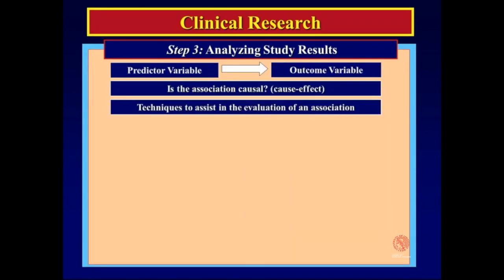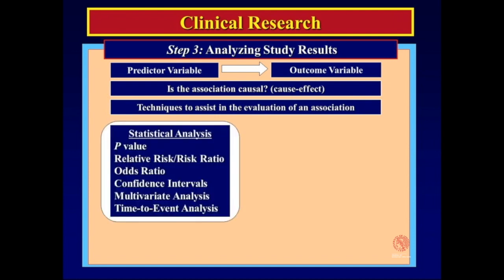Then in this predictor variable, outcome variable, we are questioning if the association is cause-effect. And then what are the techniques during this assessment period of your data? You are reviewing your study results, you are looking at your data. Of course, it's not just the p-value, there's a lot of other statistical analysis that you're going to work with a statistician, or you're going to do yourself to evaluate the significance.